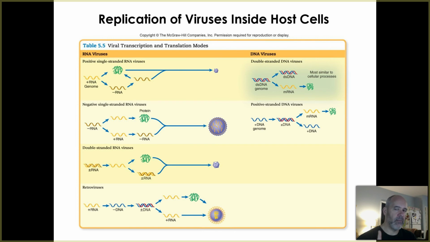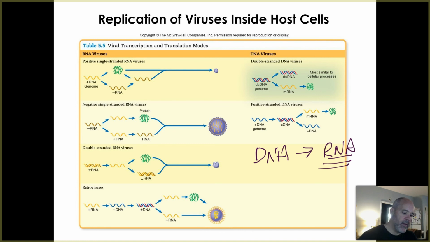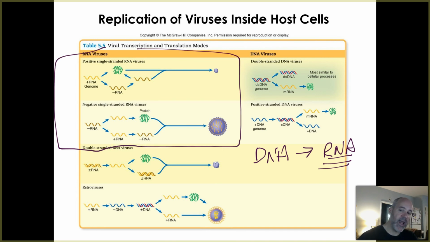But let's think about it. Our RNA polymerases read DNA and build RNA from it. These two types of viruses have their own RNA polymerase enzymes, and they read RNA and build new RNA molecules from it. So they're going from RNA to RNA instead of from DNA to RNA.